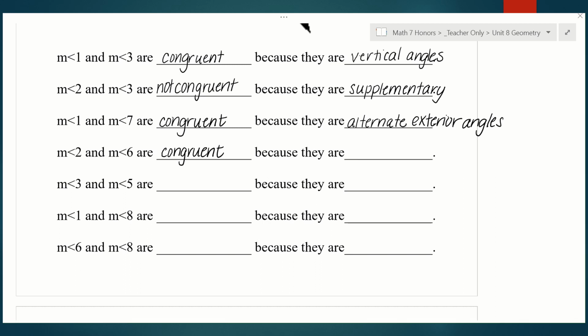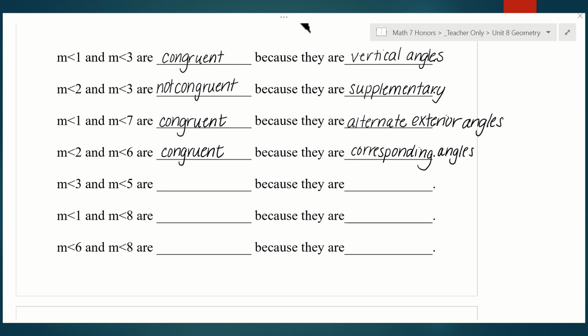So they're in the same position in each of their little groups. When that happens, we say that they are corresponding angles. Corresponding angles means they are in the same position in their little group of 4. So 2 and 6 are in the top right.